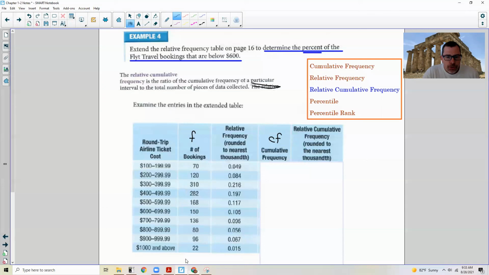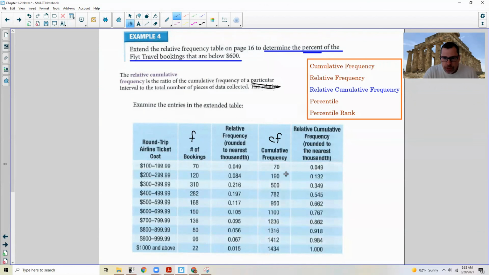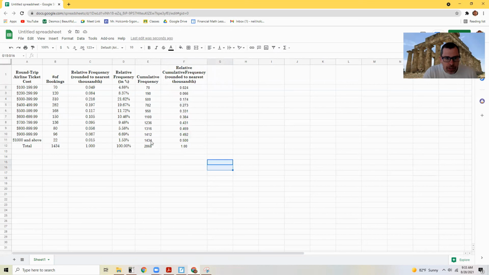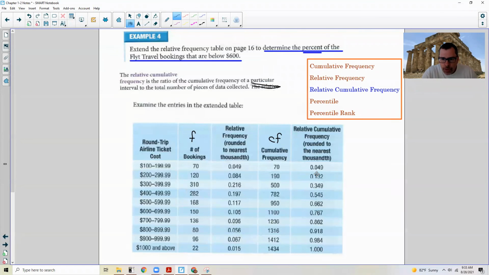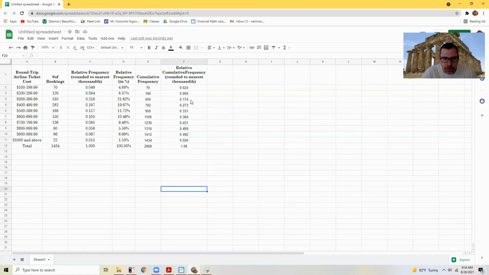So if I go back to this page, that is actually what they had done. So let's check my numbers. 70 all the way to 1434. 70 ended up at 1434, not counting this total here. So oops, I need that. Okay, and then when I go back to here, I got 0.049, 0.984. I'm just checking my values.